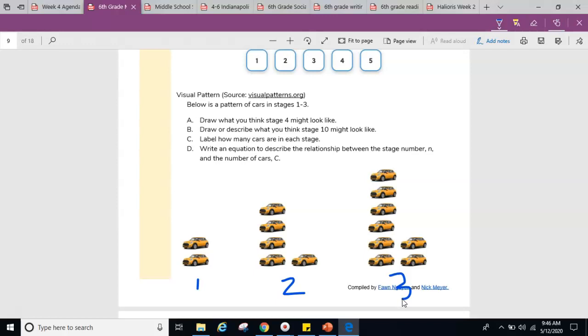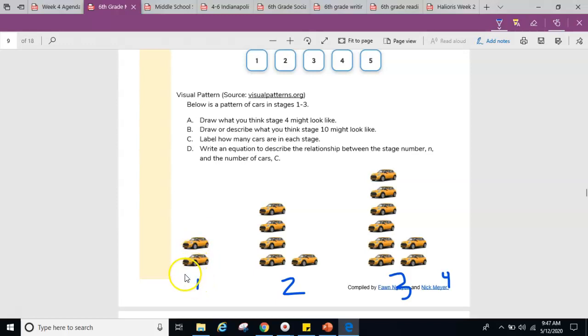So maybe you can already see a pattern that's growing. I can see a pattern, something that is happening. So in stage 4, if we were to put it right here, I can see that the first column of cars, so in stage 1, has 2.